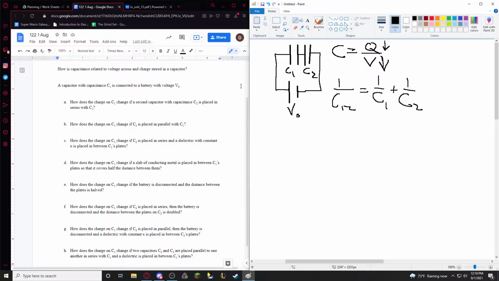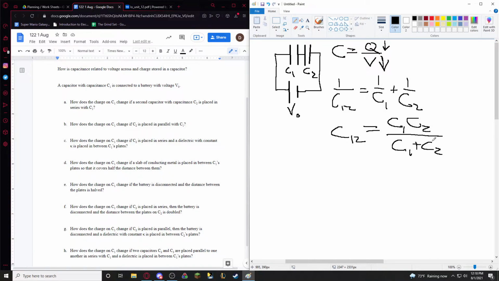Okay, then would I just do this with just C1? I think, first of all, another equivalent way of writing this, 1 over C12 is equal to 1 over C1 plus 1 over C2, is C12 is equal to C1 times C2 over C1 plus C2.